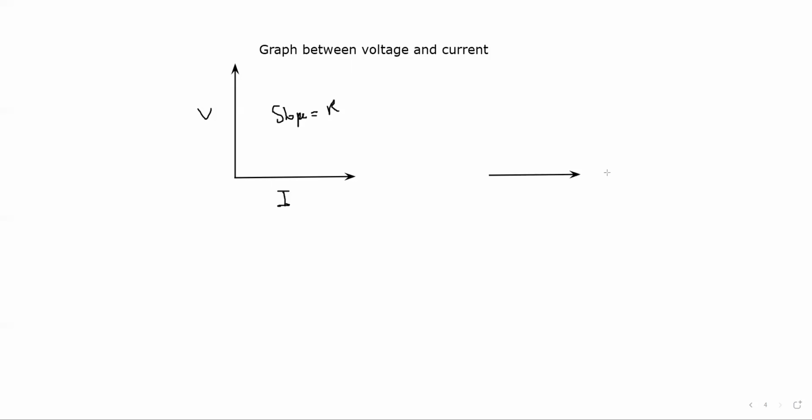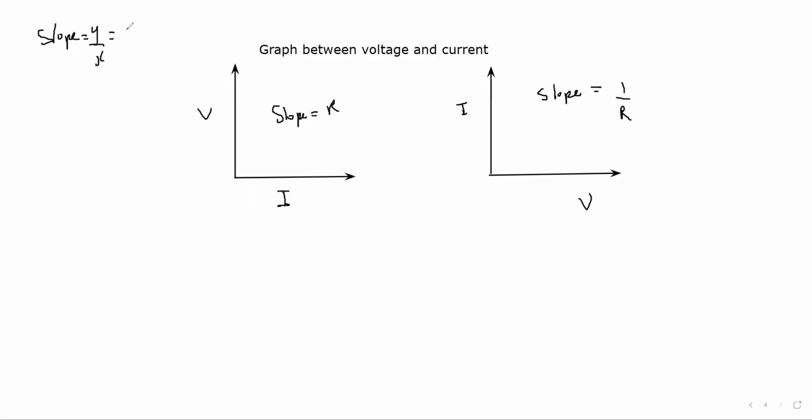But if it was the other way around, that current is on the y-axis and voltage is on the x-axis, then the slope is the reciprocal of resistance, 1 over R. Because the meaning of a slope is the quantity on the y-axis divided by the quantity on the x-axis.